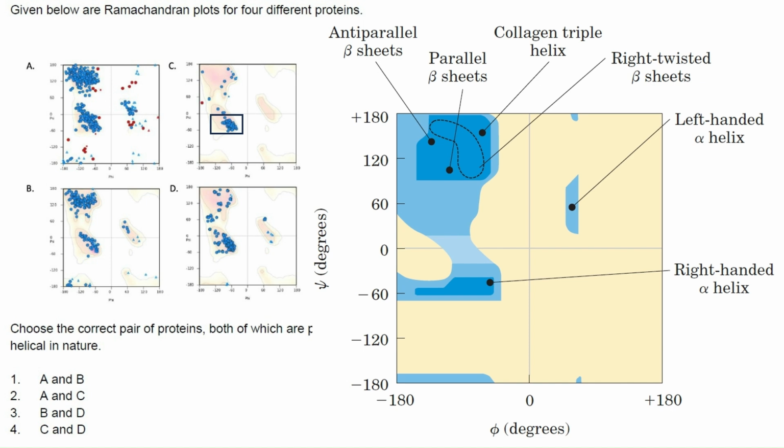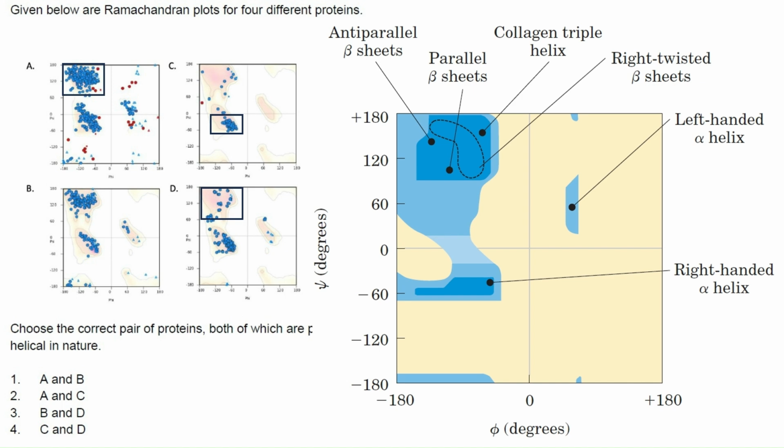Now, let's look at both of them one by one. So, looking at protein A, we can see that most of the residues are in the region corresponding to beta sheets. And when we look at the same region in protein D, we can see that the number of residues are very few.